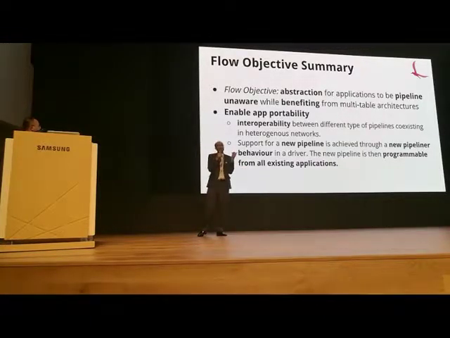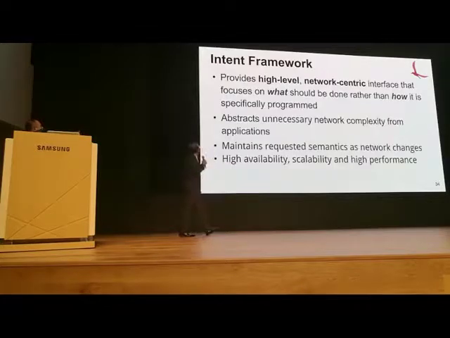And this is one of the principles of SDN in general. And if you don't have this concept, you are not really following a clean SDN solution. And ONOS does care about this point and makes it as clean as possible using these abstraction layers. Okay, as we said, if you want to support a new pipeline, don't touch your application, just write the pipeliner inside your driver and that's all.